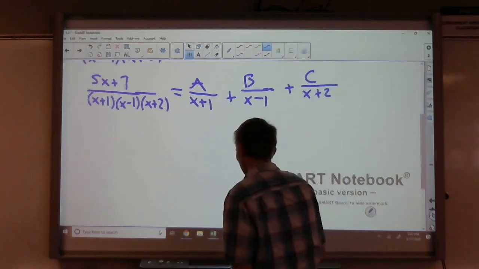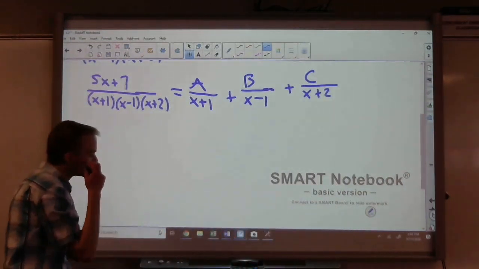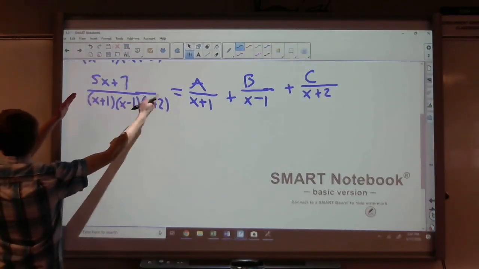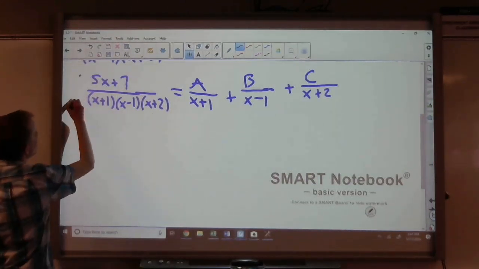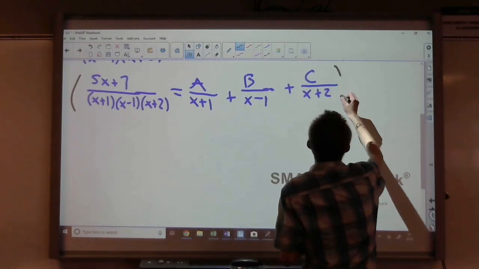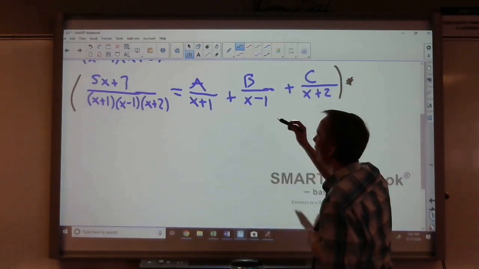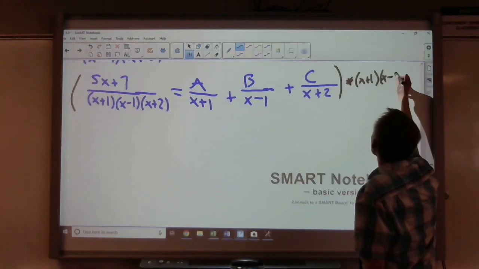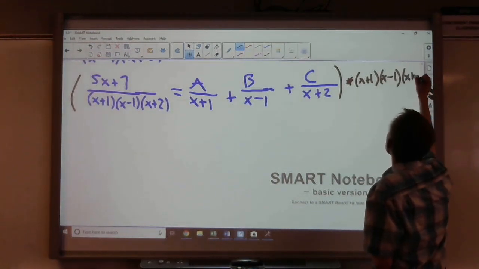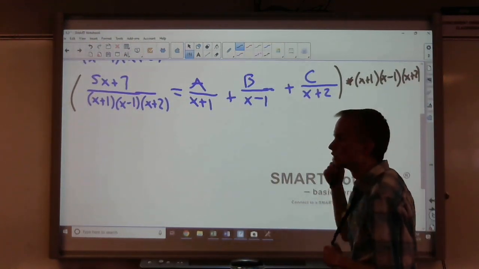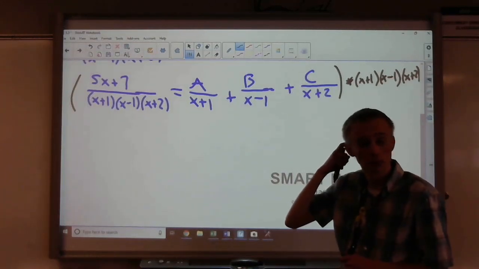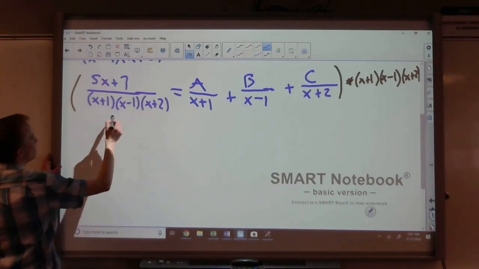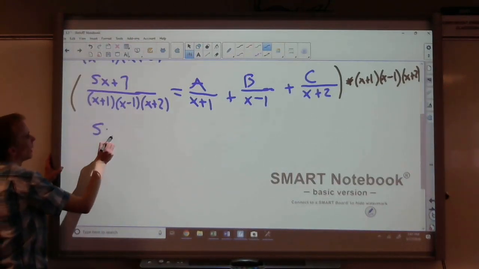How do I find A, B, and C? Well, what would I do? I always times by the bottom through the whole equation, right? So I'm going to be timesing this by x plus 1, x minus 1, and x plus 2. Okay? So just timesing by the bottom through the whole equation, and this bottom cancels out.